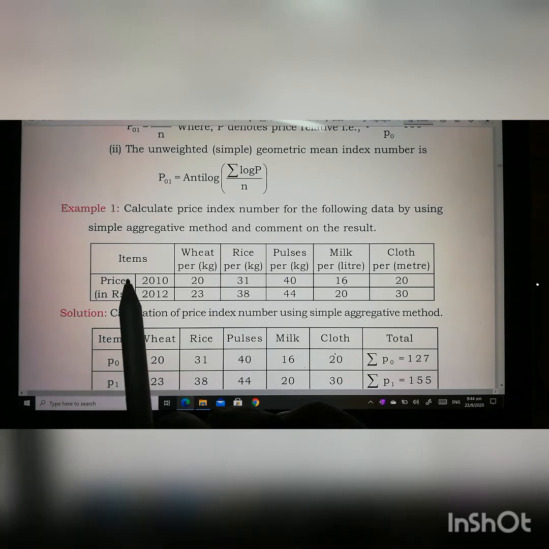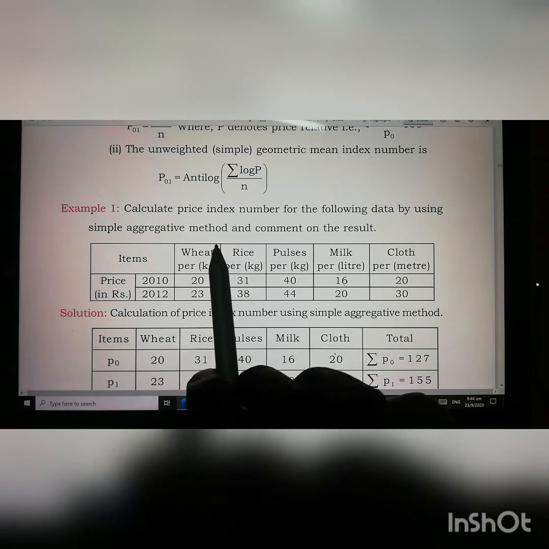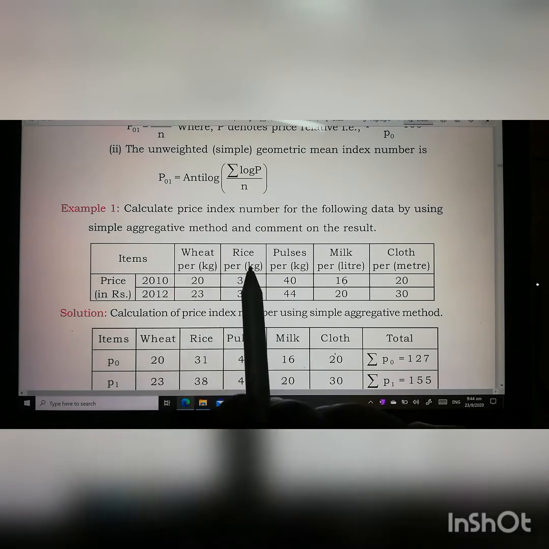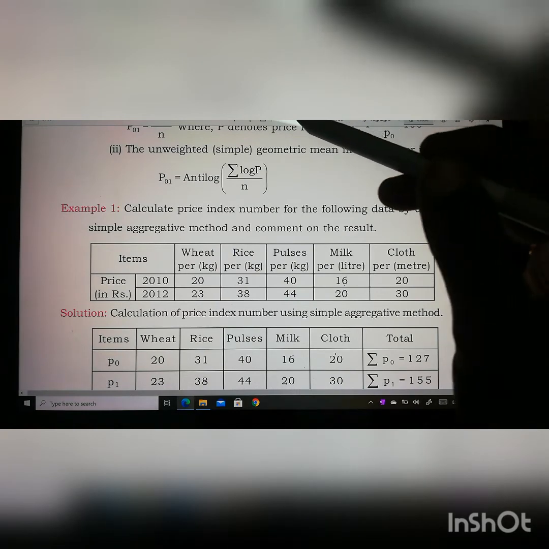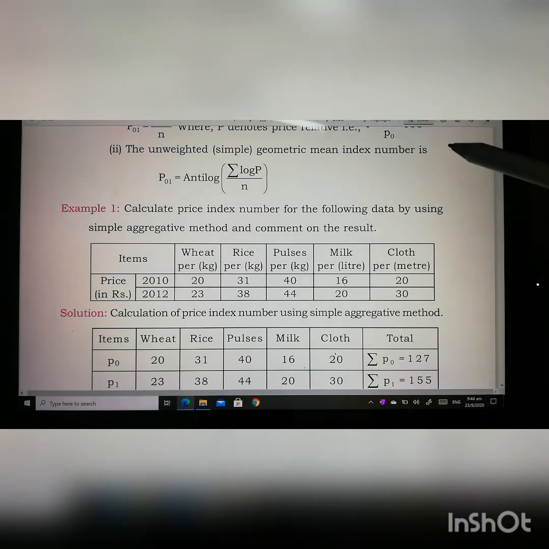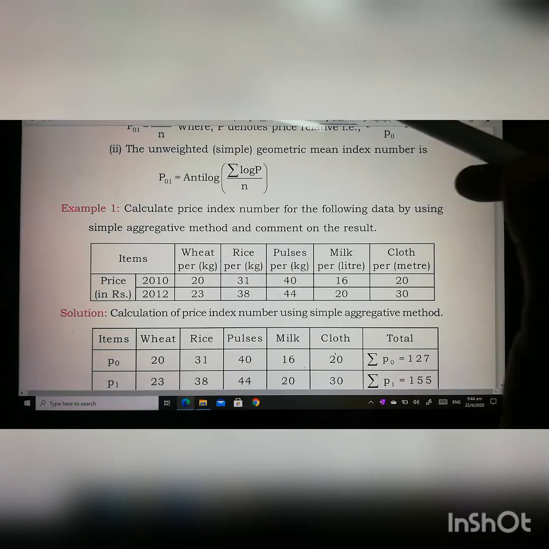So when they say it is simple aggregative method or simple aggregative price index number, the first thing that should come into your mind is what the formula can be. Students, write the formula and keep it in your mind. The formula is: P01 is equal to summation P1 divided by summation P0 into 100.